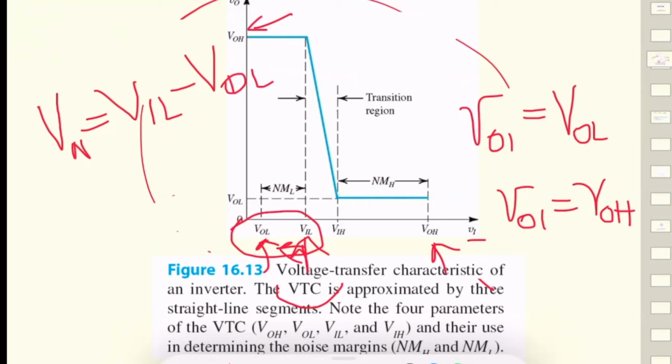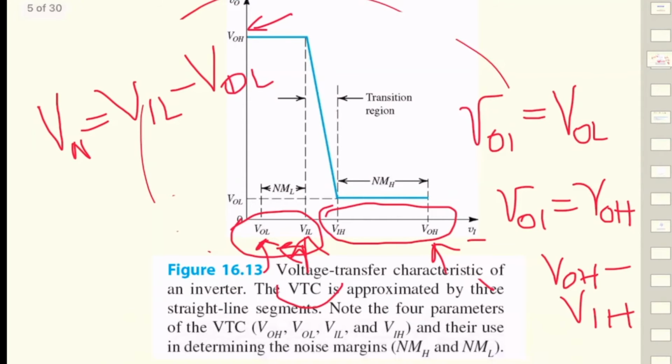So this can continue operating as long as the magnitude of Vn is between VOH minus VIH. For that case, that's the margin of noise that we can tolerate, and G2 can still operate as it is supposed to do.